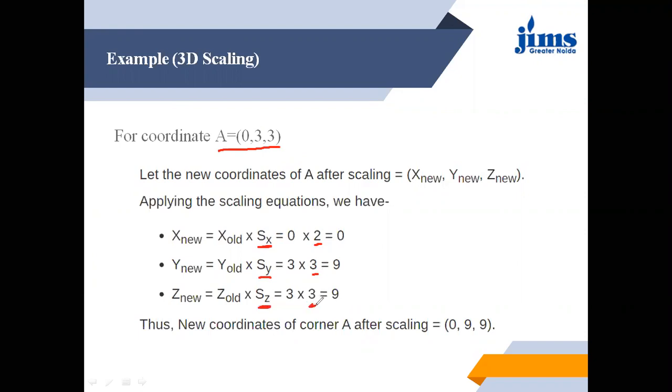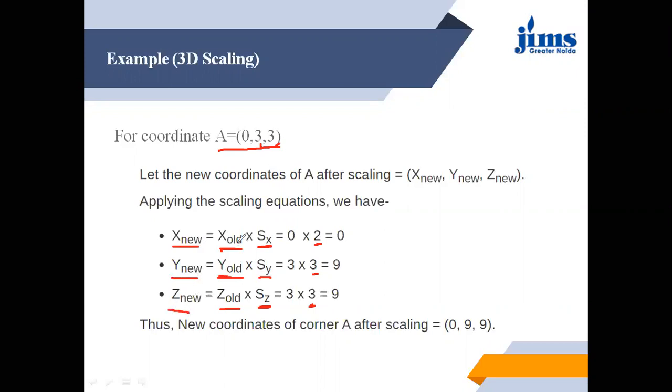Here 0 is x old, 3 is the value of the y coordinate and 3 is the value of the z coordinate. We have to find the new values of x, y and z coordinates.